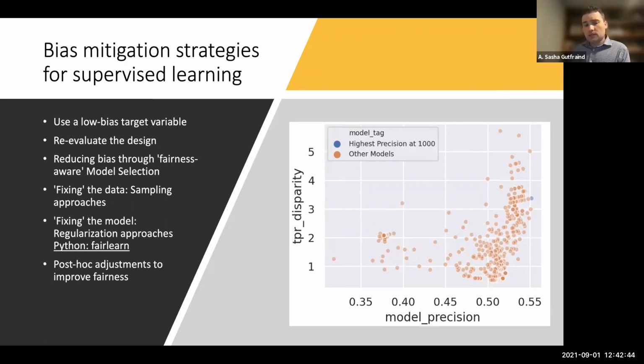Some of the strategies that we have is to use a target variable that is known to have low bias. In the Impact Pro example, they used a target variable, which is cost, which is known to have a lot of bias, because cost depends on whether a person has access to health care and which providers they use.